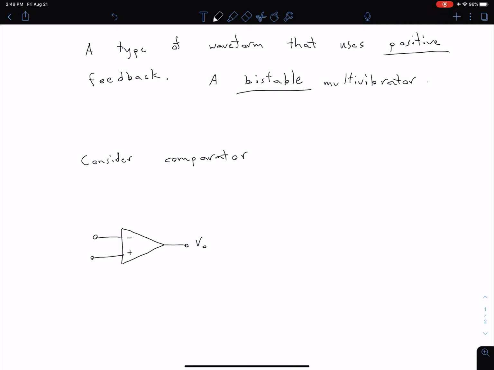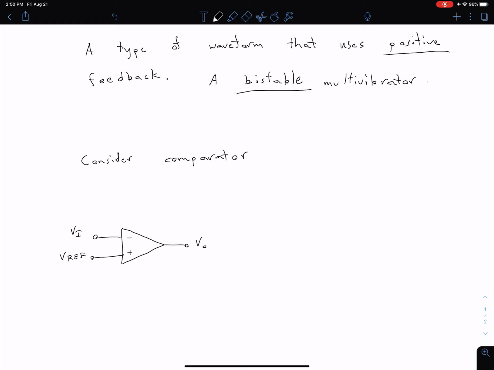What we're not showing here is, of course, our bias terminals, which are giving power to our op-amp. Let's label the inputs VI and VREF for reference voltage. We can think about this reference voltage being a fixed value, and VI, our input, is changing.